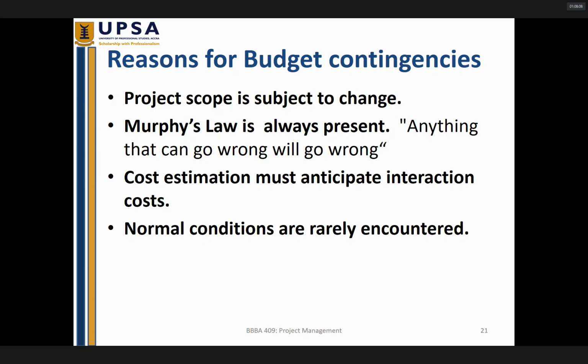The fourth reason why we need budget contingency relates to the fact that cost estimation must anticipate interaction cost. There is what we call interaction cost in executing a project. An interaction cost is a cost that you incur that may come up because you are engaging some things.